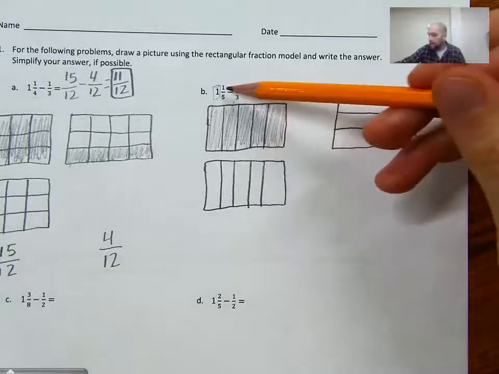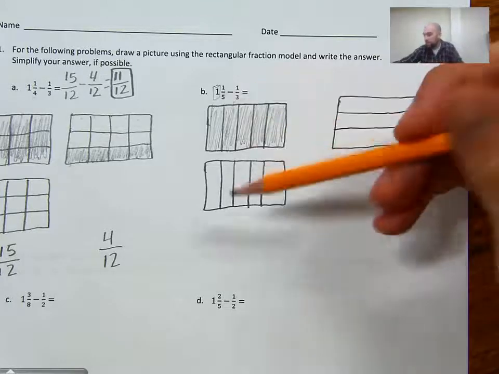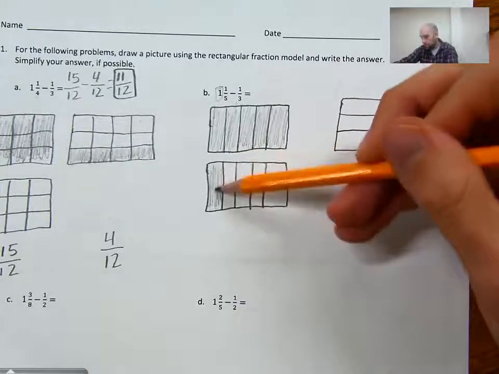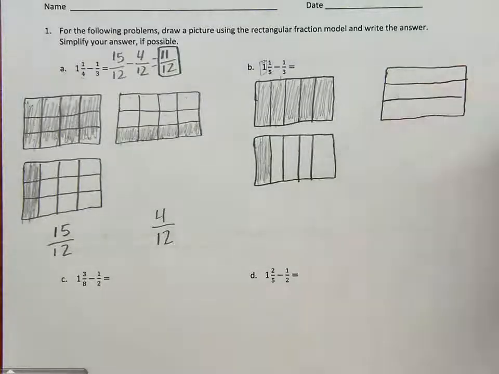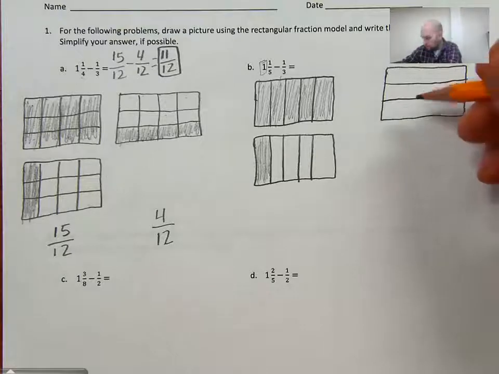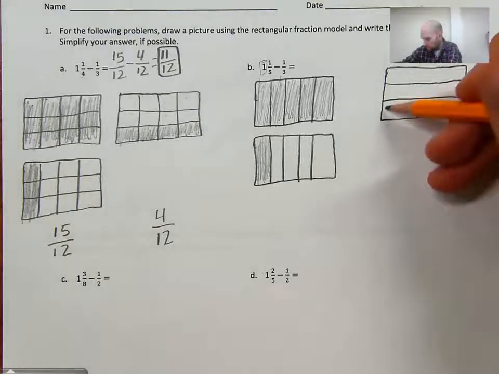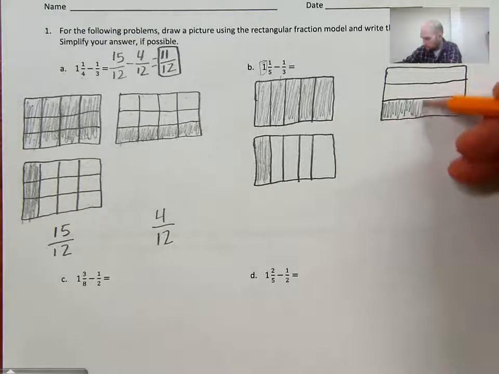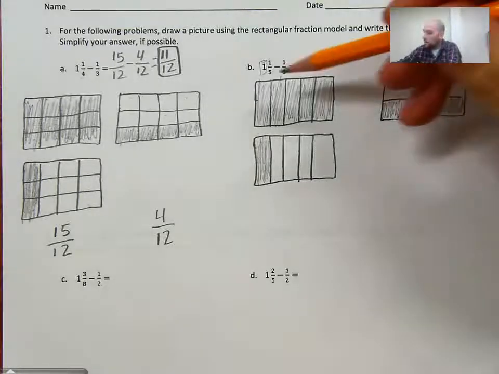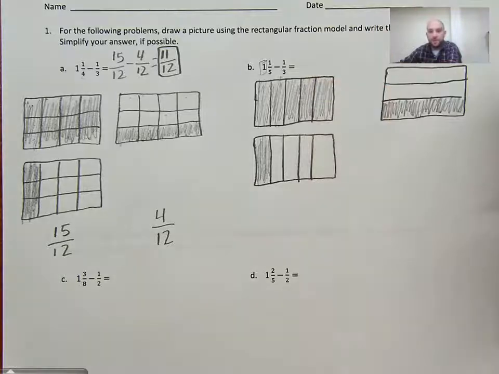And then I have an extra fifth here. I have 1/5. So down here, I need to shade 1/5. Next, over here, I need to shade 1/3.